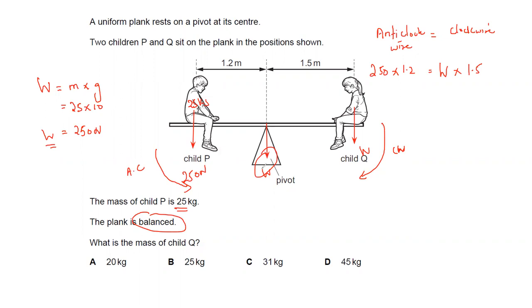Why did we not take the weight of the plank? Because it is acting at the center, so it does not cause any rotation or turning effect. So it will be 250 multiplied by 1.2 divided by 1.5. So what will be the weight of child Q?